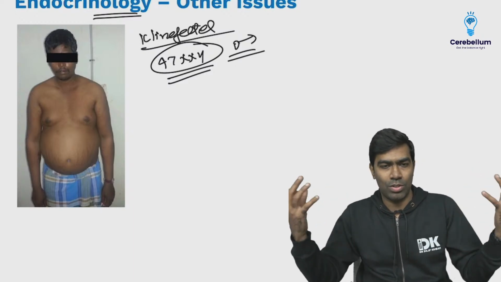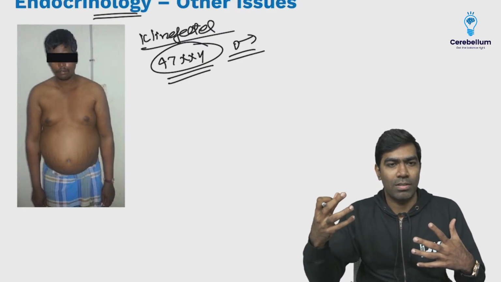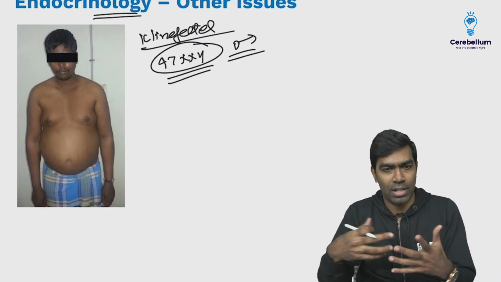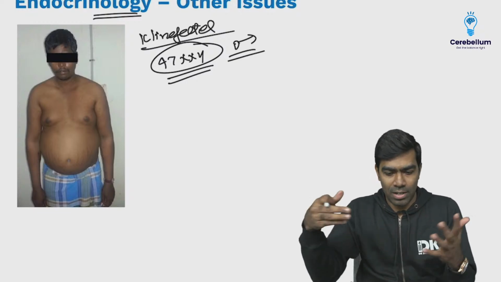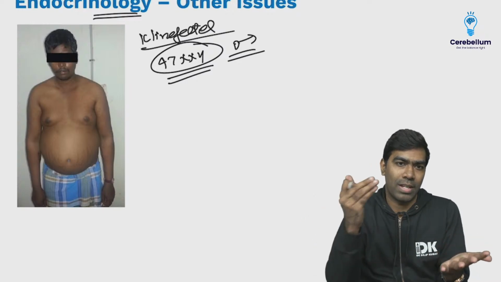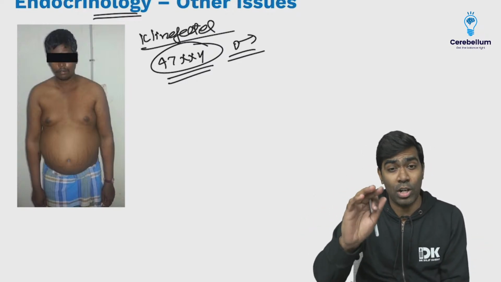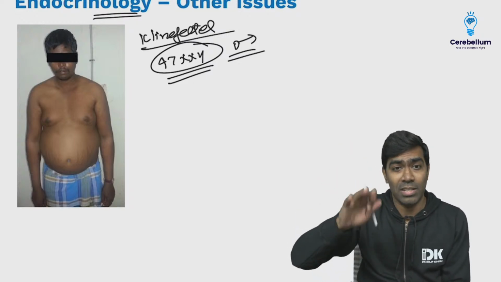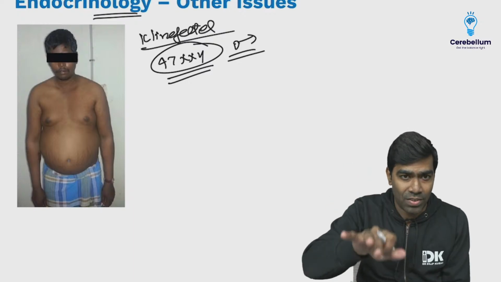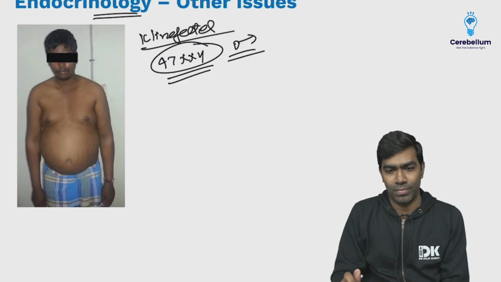Due to meiotic non-disjunction, one extra X will be stuck in the sperm, so that when it fertilizes, it causes XXY. That is what causes Klinefelter syndrome. In Down syndrome also, the most common reason is meiotic non-disjunction, and similarly in Klinefelter syndrome.